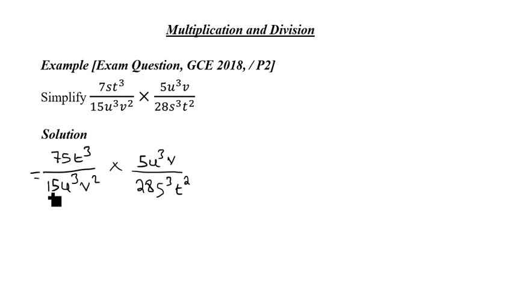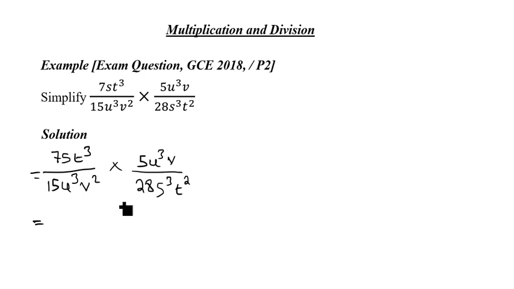Okay, so now to simplify these algebraic fractions, to avoid making mistakes, I would advise that you start with the numbers, or rather the coefficients for these terms. So I know that I have 7 there. I can start with the numbers. 7 into 7, 1. 7 can go into 28.